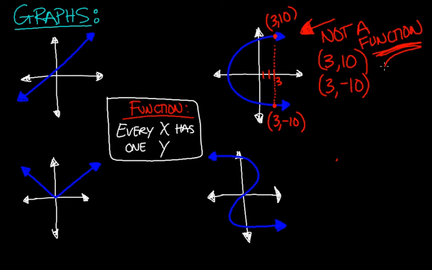There's a lot of x's here that have more than one y. I can go over here to like negative 4. If you go up, that's negative 4, maybe 4. If you go down, that's negative 4, negative 4. I got the same x on both of them, but 2 different y's. Right? That can't happen in a function.